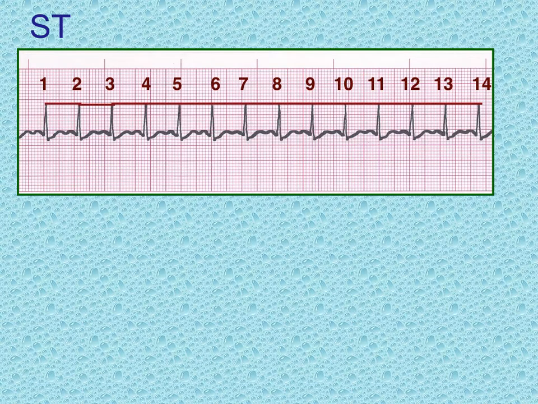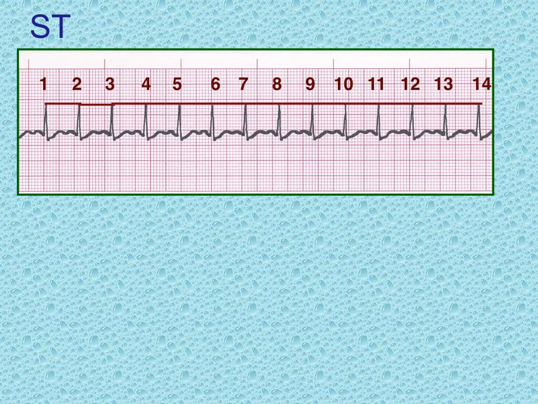Then again, we want to look at our third R, which is relationships. We want to be sure that there is a QRS for every P, and we can see that this strip does have intact relationships. All of our complexes look consistent, they look like one another, so therefore this would be considered a sinus tachycardia.